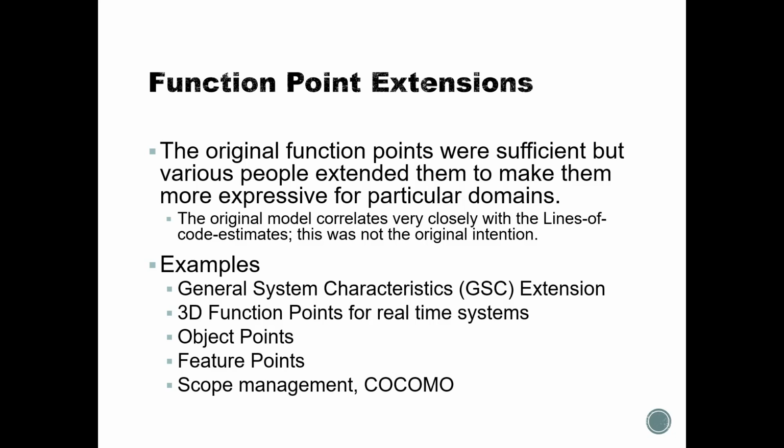But on the function points, of course, it used to be used, or it was created in IBM in '79, so it's not exactly something that was developed with the smartphones in mind. So the problem was that it actually tends to correlate very closely to the lines of code estimates. So how large these modules will be, or looking backwards, the amount of lines of functional code correlates with the function points.